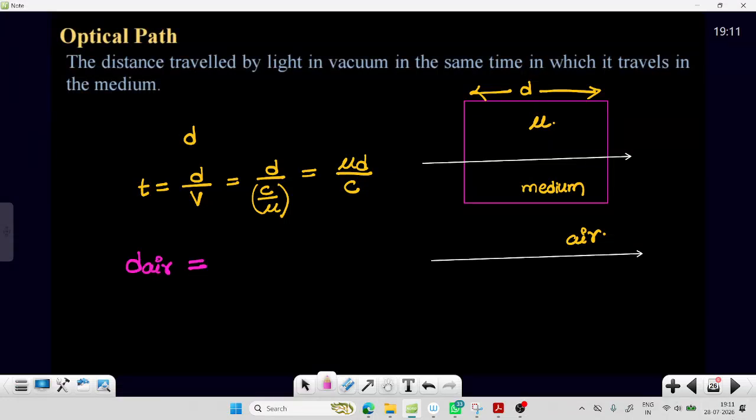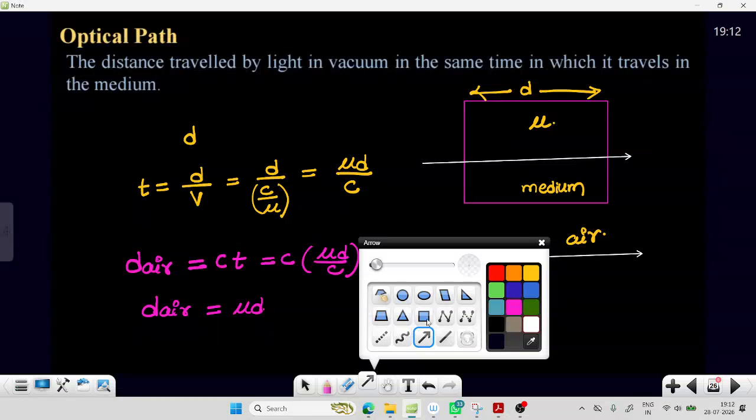Distance is equal to velocity into time. Speed in air is c and the time is the same t. So that is equal to c into t, which is mu d by c. c will get cancelled. The distance in air will be equal to mu d.